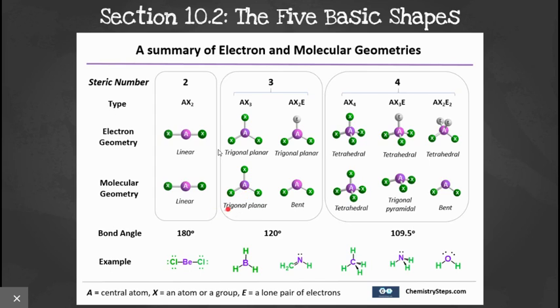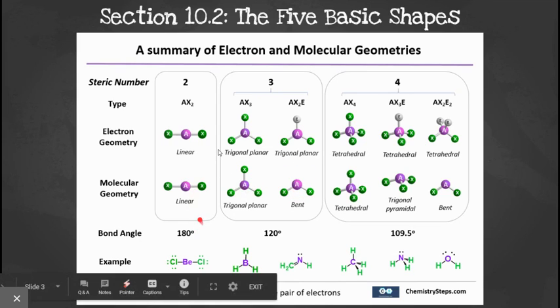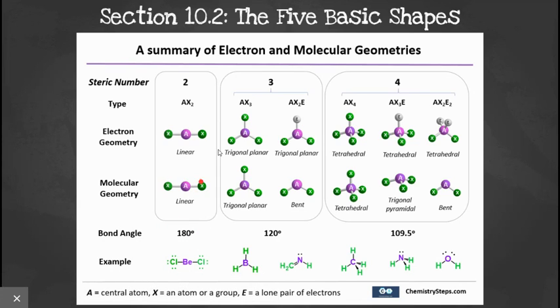So trigonal meaning 3, planar meaning flat. And then if you have 2 bonded and 1 lone pair, then you're going to have a bent shape. Okay, and the bond angle, so the angle between the bonded sets of atoms, is going to be 180 degrees if the steric number is 2.